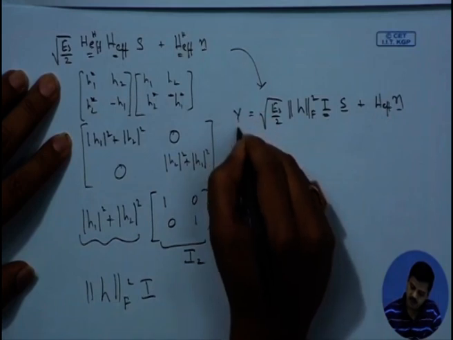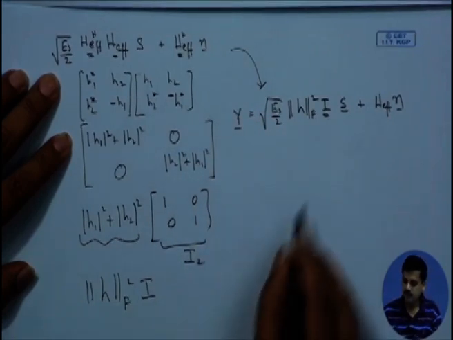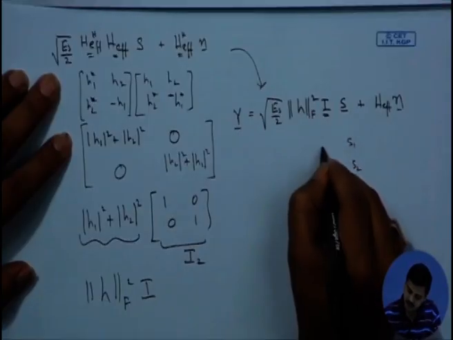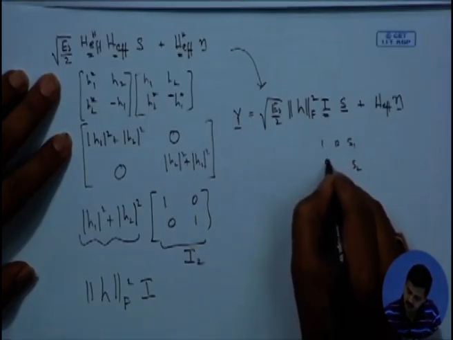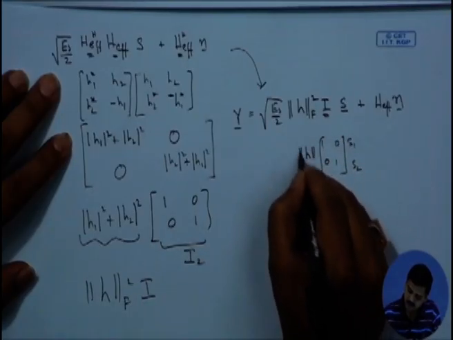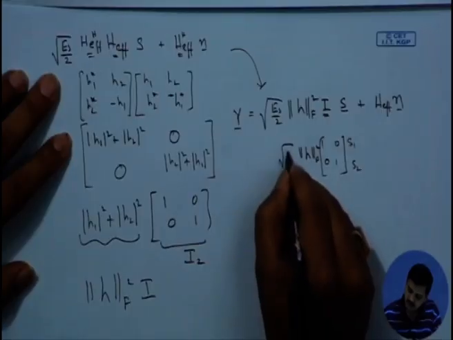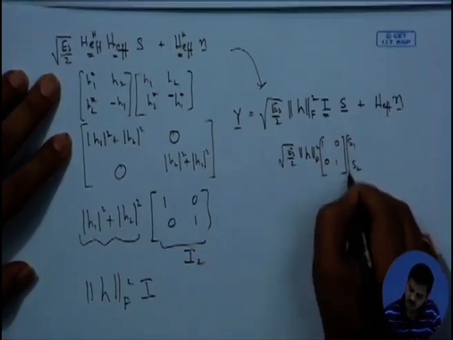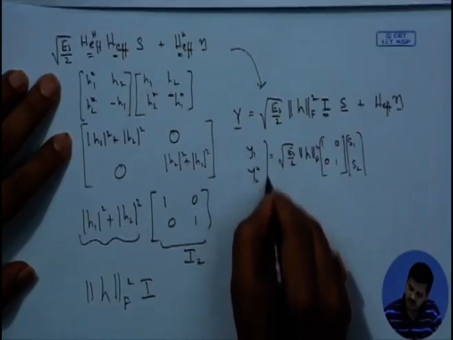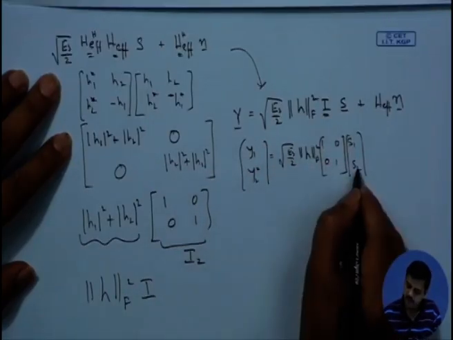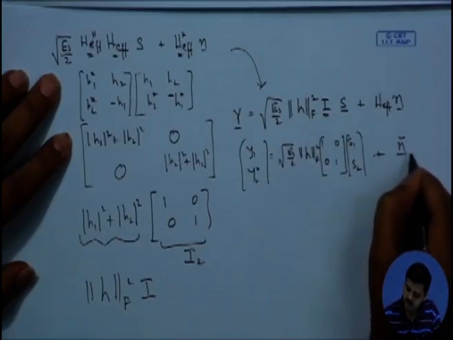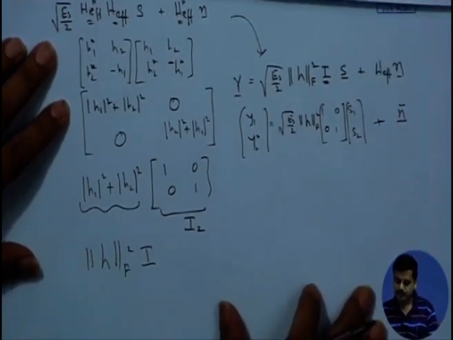So this is the vector y that is received. If we look at this expression, this is s1 s2 times 1 0 0 1 times h_F squared times square root of Es by 2. So we have this signal s1 coming out into y1, which is not interfered with by s2, and of course there is this processed noise, which we could write as n tilde bar.